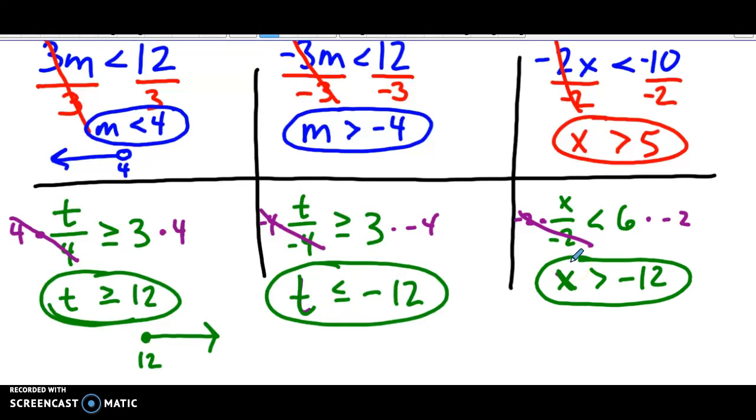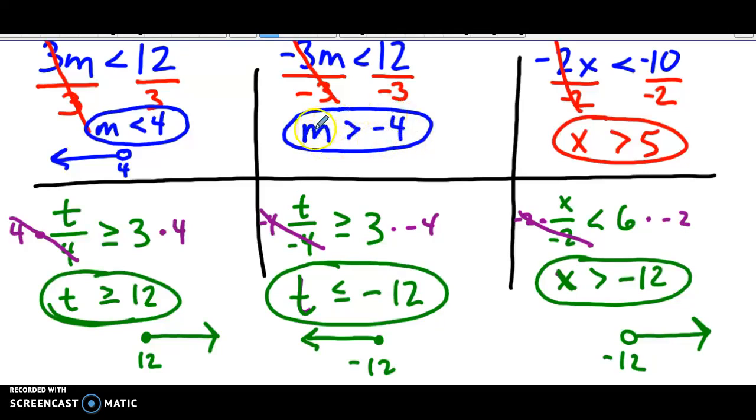Let's finish graphing these just for extra practice. So in this case, if t is less than or equal to negative 12, I need a closed dot at negative 12, and I need to shade everything less than, so I'm shading to the left. When I have x is greater than negative 12, I need an open circle at negative 12, and it's greater than, so I'm going to shade everything to the right.